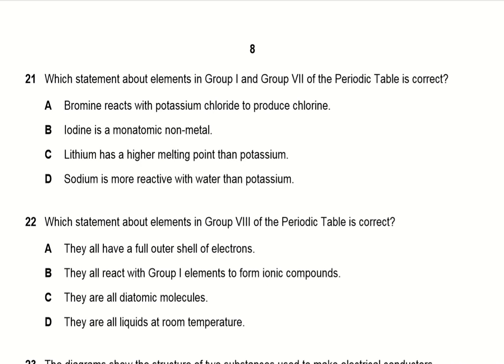Now if you say bromine plus potassium chloride produces this plus chlorine, this reaction does not seem to be possible, because bromine cannot displace chlorine from its compound, because bromine is lower than chlorine in the reactivity series. So this is wrong. Iodine is a monoatomic non-metal? Iodine exists as diatomic.